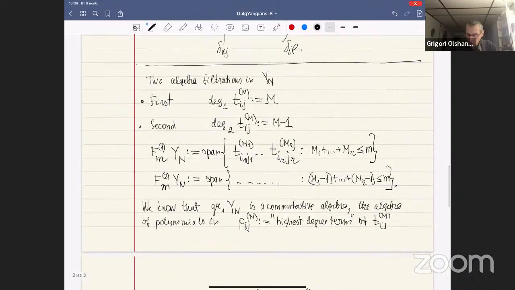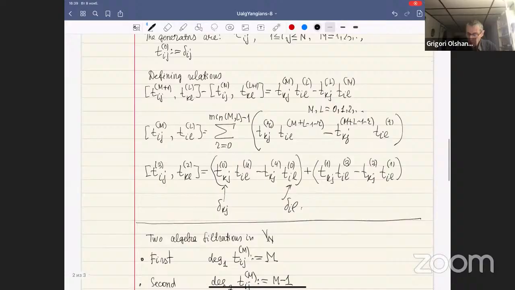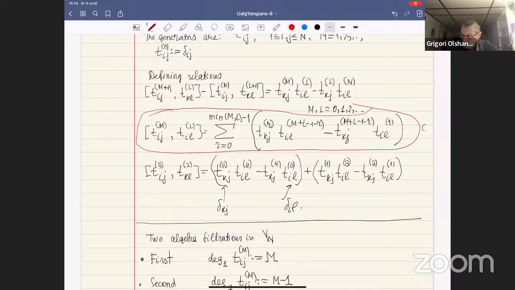I mean this one. What happens with this formula when we pass to the associated graded algebra?